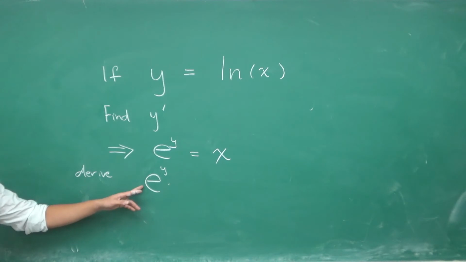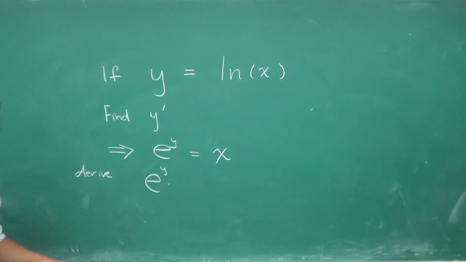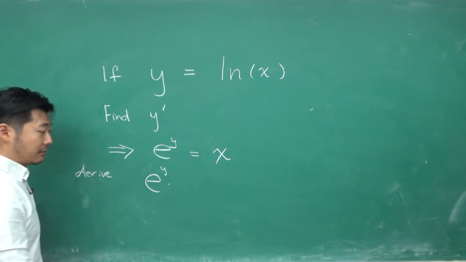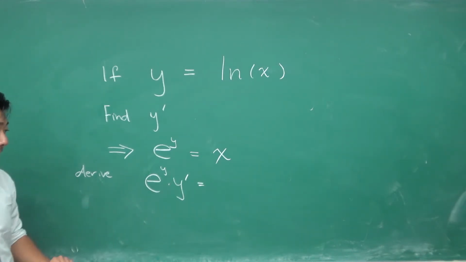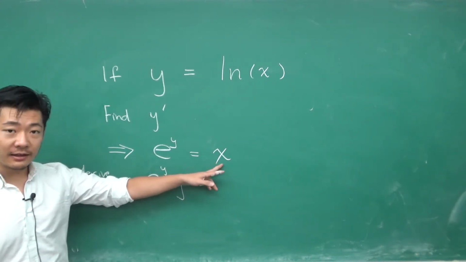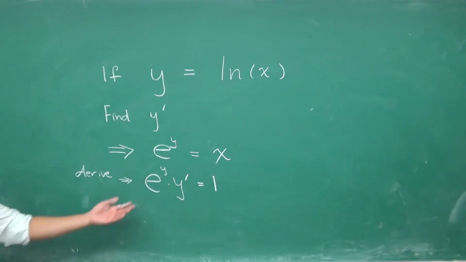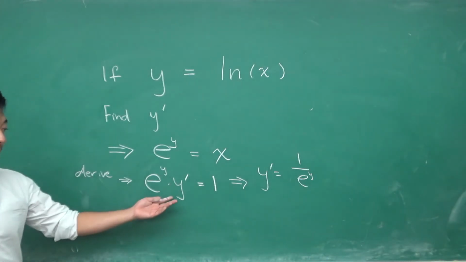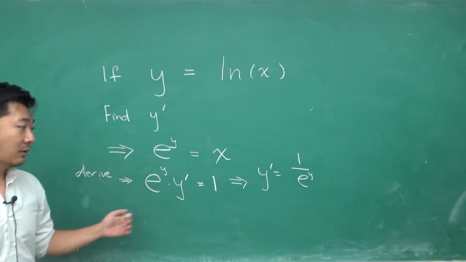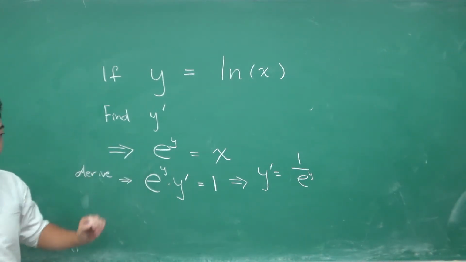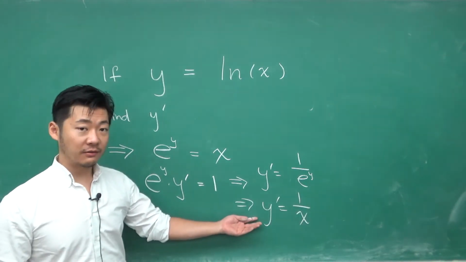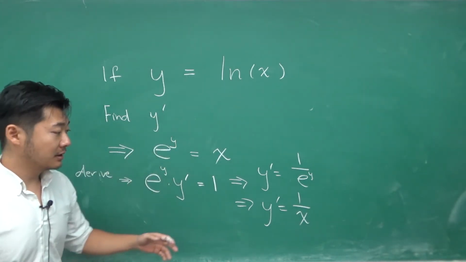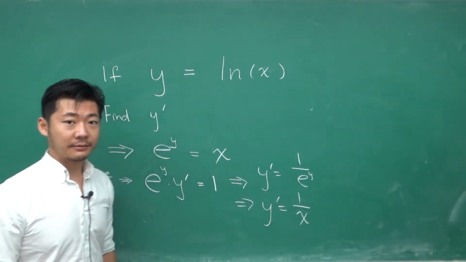So we get e to the y again, but we have to multiply by the derivative of the inside function by chain rule. So we multiply by y prime, and then the derivative of x is 1. Now we isolate y prime. y prime is 1 over e to the y. e to the y is x, so the derivative of natural log of x is 1 over x.